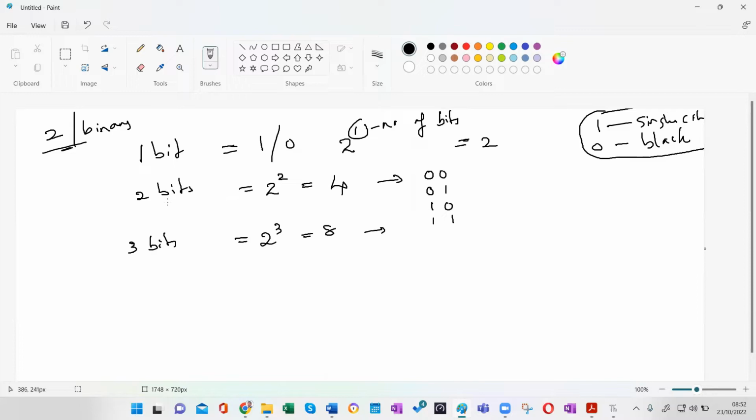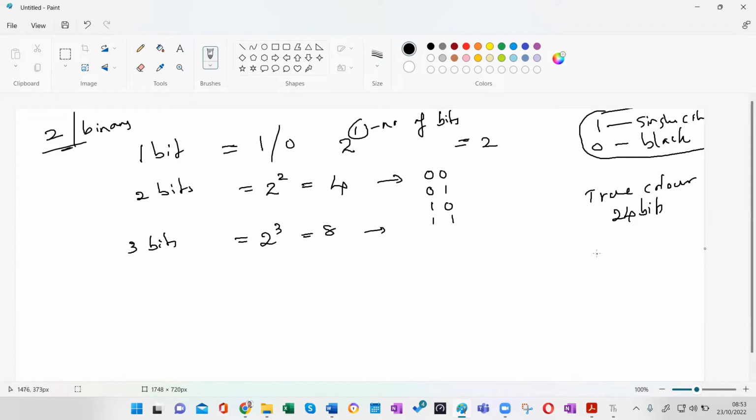If you have a 2-bit color system, you can represent 4 colors, right? 00 can be black. This can be another color, this can be another color, this can be another color. So when the number of bits increases, you can represent many more colors. And you must have heard that there is a color scheme called true color. In true color, we use 24 bits.